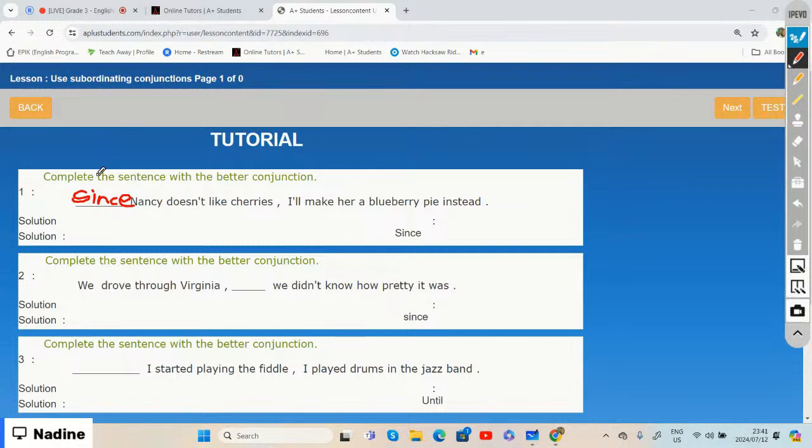All right, and if we choose the correct one, we say we drove through Virginia since we didn't know how pretty it was.